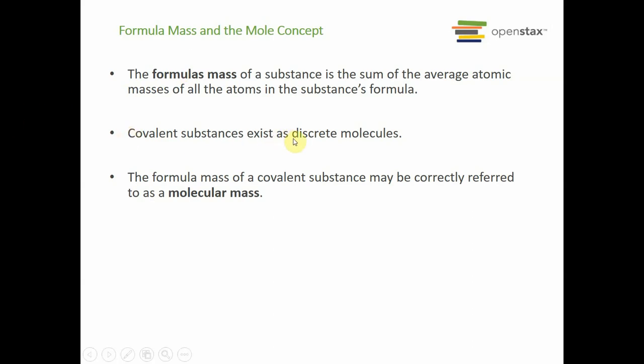Covalent substances exist as discrete molecules. So all this bullet point is saying is defining the word covalent. If something exists as a molecule, that is what a covalent substance is. That is in contrast to an ionic substance, which exists as ions, and when it dissolves in water, the ions are separated from one another.